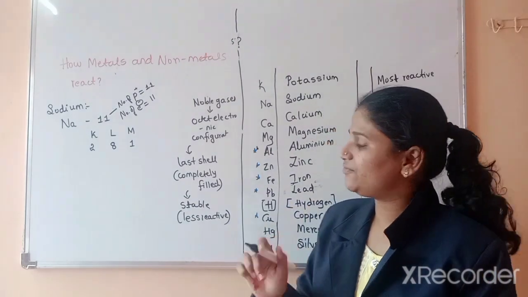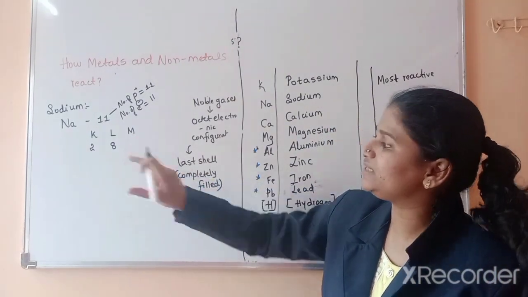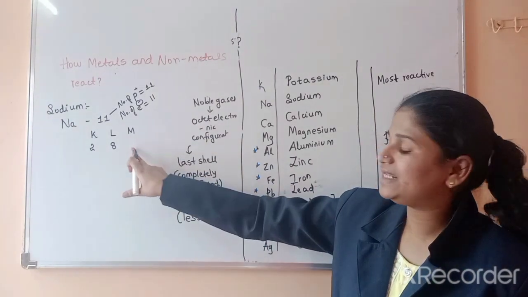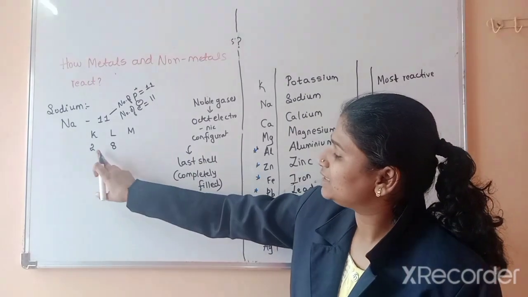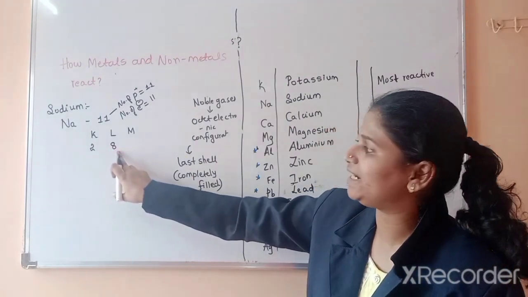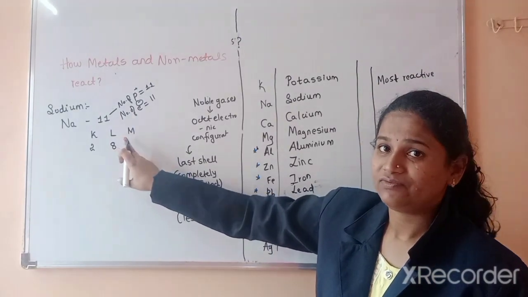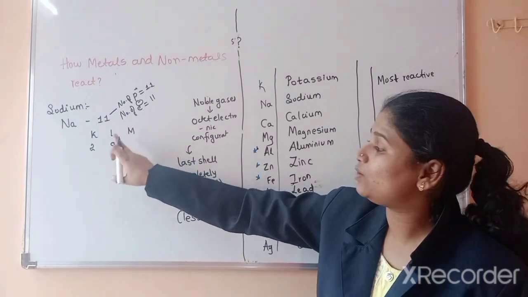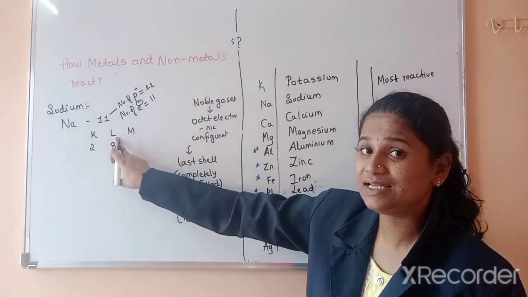If this electron is removed from M, the electronic configuration of sodium becomes 2, 8. The last shell was first M, and now the last shell is L. How many electrons does L have? 8.